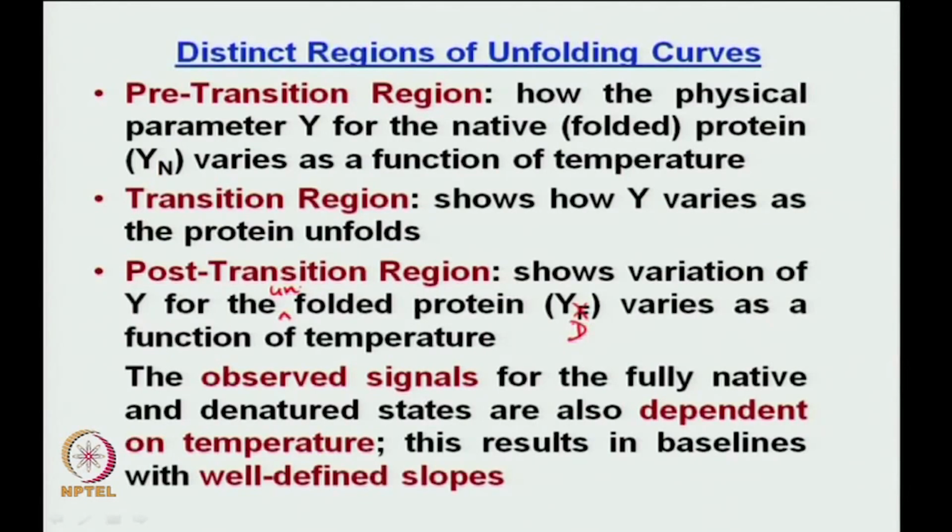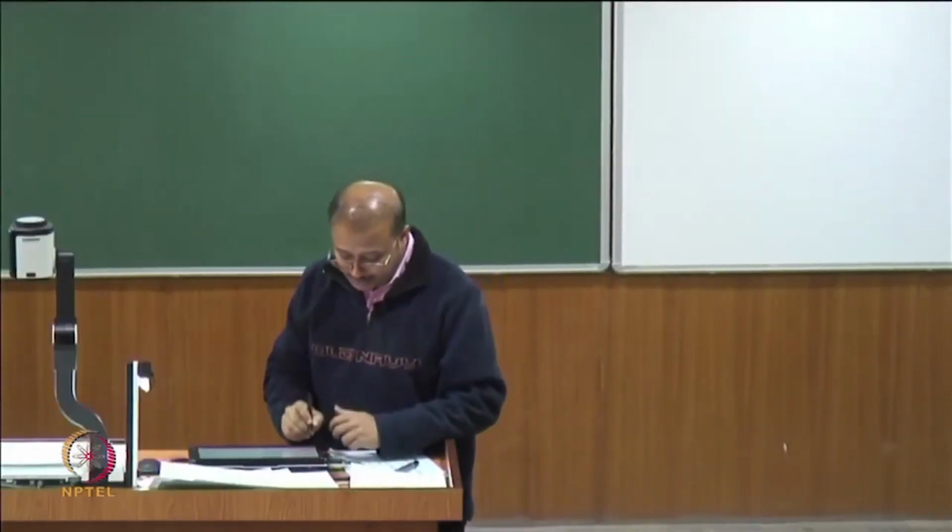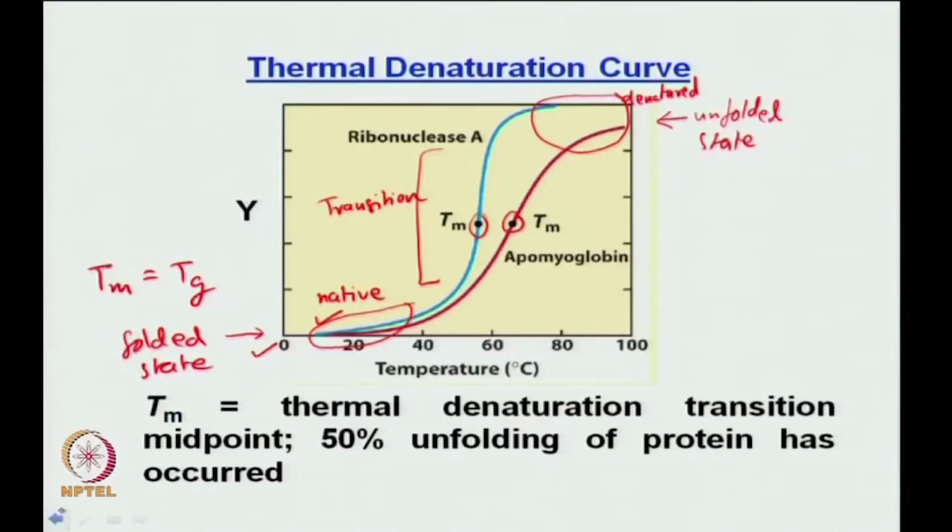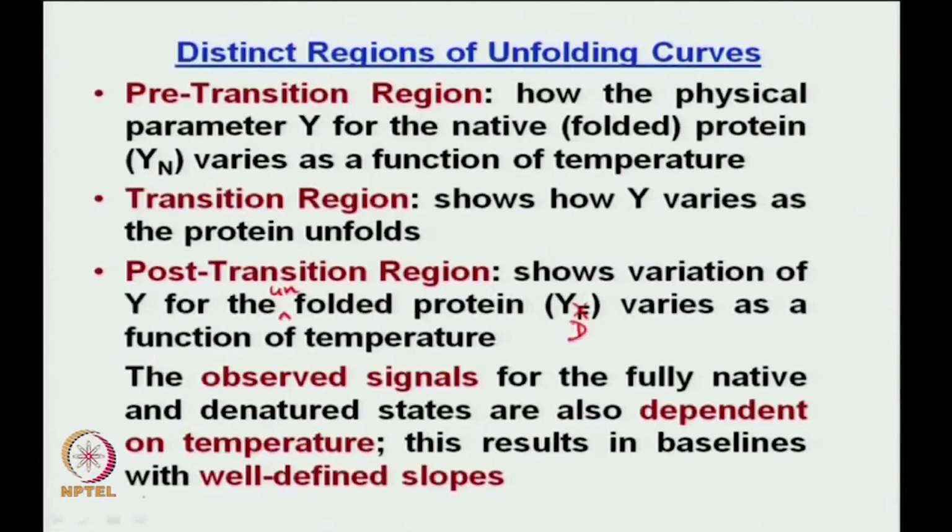So, once you have done the transition, you have gone to the denatured or the unfolded state. So, that baseline, which is called the post transition baseline, belongs to the denatured state. Even that also, if you remember, shows a slight dependence on temperature. It is not exactly parallel to the x axis. So, that also has to be modeled.